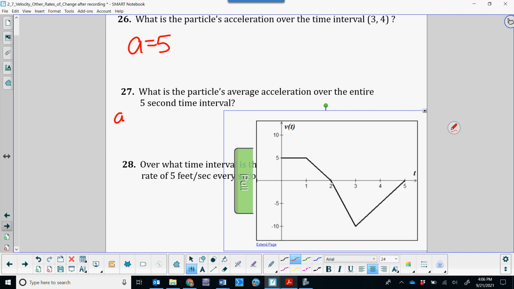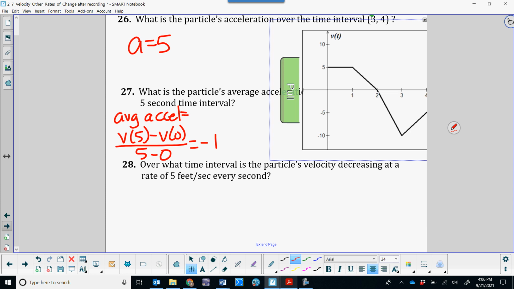So the average acceleration would be velocity at 5 seconds minus velocity at 0 over 5 minus 0. The entire rate of change over the entire graph would end up being -1. And then, again, you would have units here if we had units.